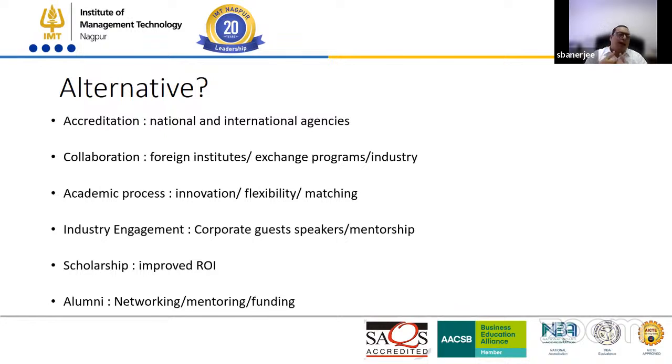That I look at the pay package and I select a B school, I don't look at anything else, because my assumption is if the pay package is higher, I'm going to end up with a better placement and I'll get a higher ROI. Not necessarily the case, because there are a lot of things that go into the final numbers for which we have no way of finding out.